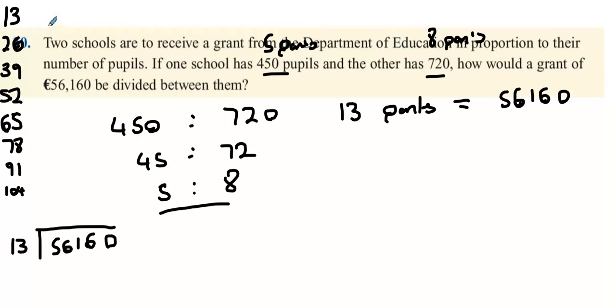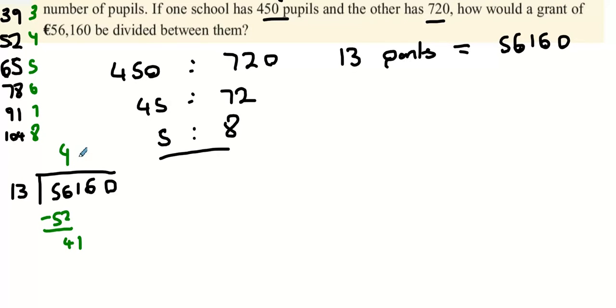So it goes into 56 4 times, remainder 4. Carry the 1 down.